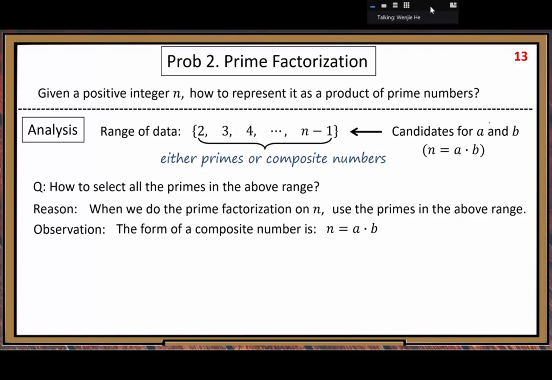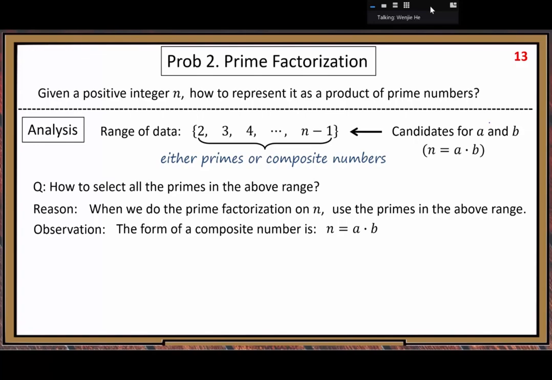Another case, composite number: we work on composite numbers directly. Two cases. Which one is easier? Which one is harder?